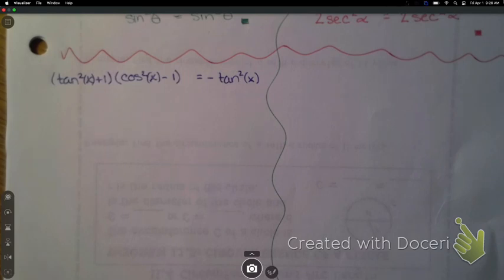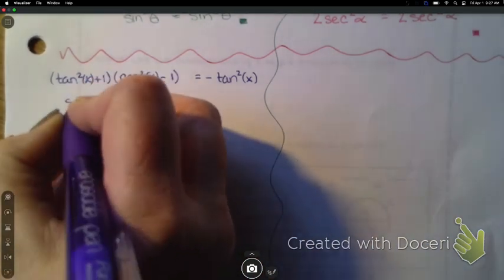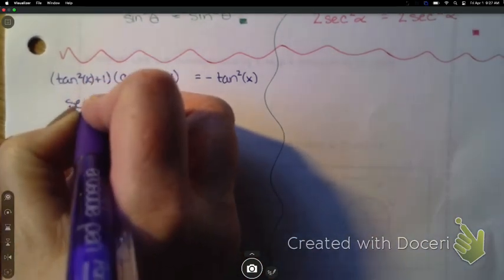Any ideas? Well, both of those are Pythagorean identities. Yes, one way or another. The tangent one would be secant squared. You guys want to do that? Okay. Secant squared, and the other one, can we do the same step twice in one? Yeah.